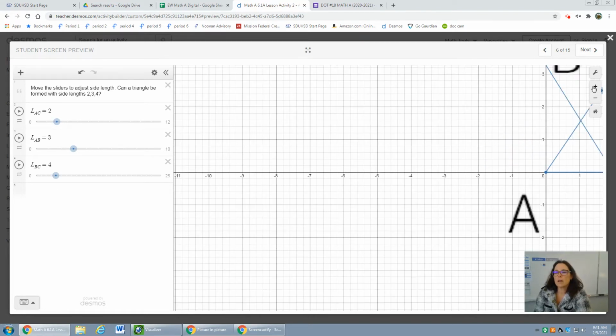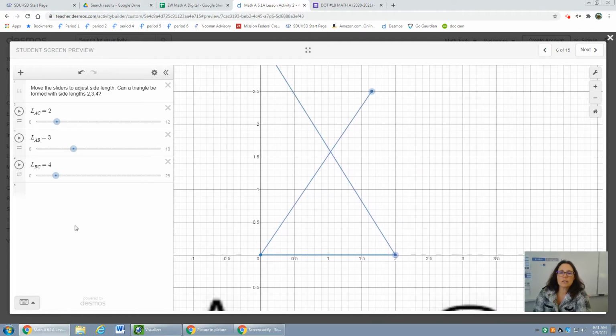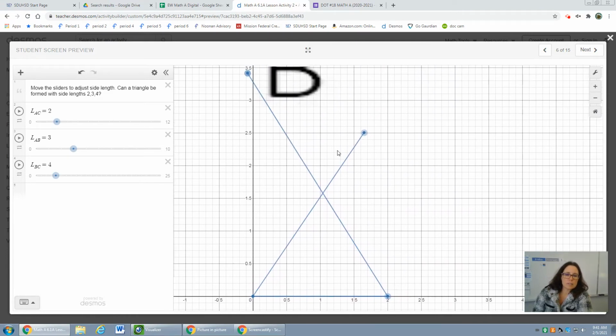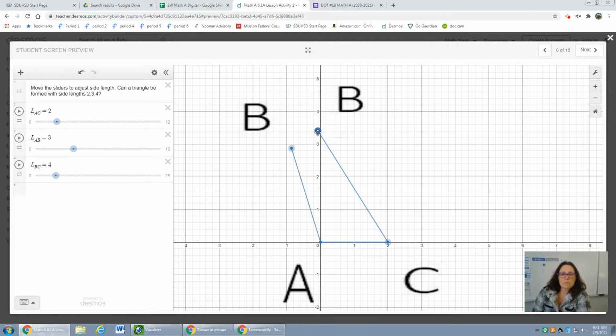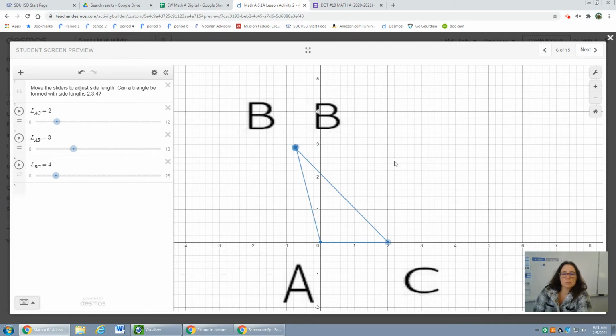Let me blow this up, scooch it over. Yes, I can finagle these to be perfectly lined up with an enclosed triangle. So you're going to write yes. 2, 3, 4, they're all different. So you're answering that row with scalene triangle.